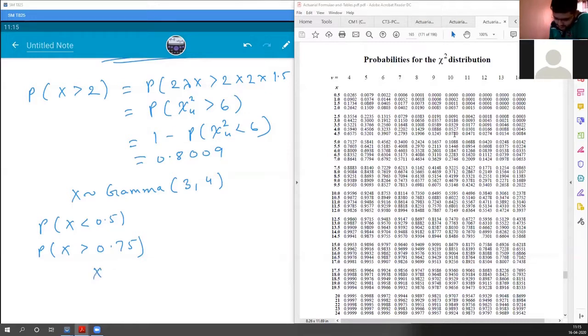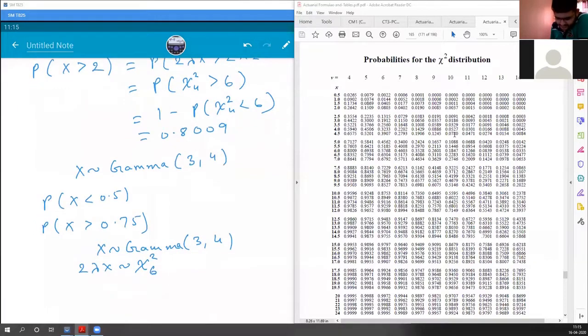So first of all, we'll say x follows gamma 3 comma 4. So 2 lambda x will follow chi square 6, since 2 times 3 becomes our 6.